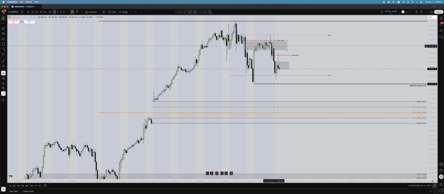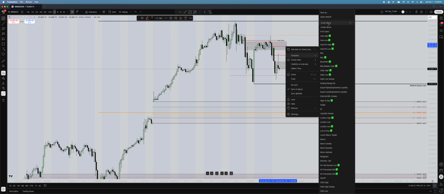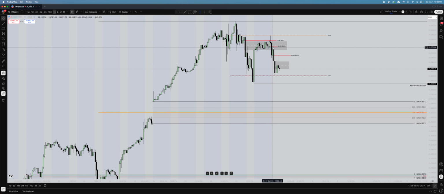We come right back up. This is another order block right here. We just tap it right there, tap it again, sell off, create another order block and a SIBI. Bodies respect the SIBI. Wick comes up, taps the order block, sell all the way back off, and then we close right here for the week.